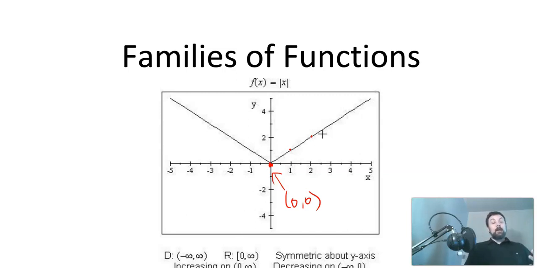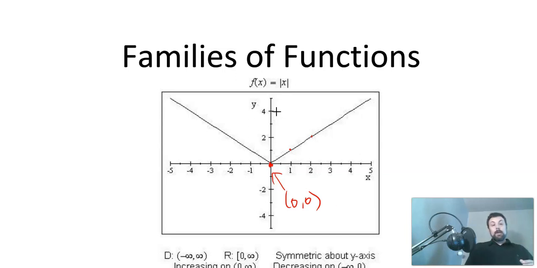But if I shift the graph down by 4, then the range becomes -4 to infinity. So I don't think it's really worth memorizing these characteristics that are down here. In fact, I'm not even going to scroll up for you to see them because I don't think it's a good use of your time to remember these.